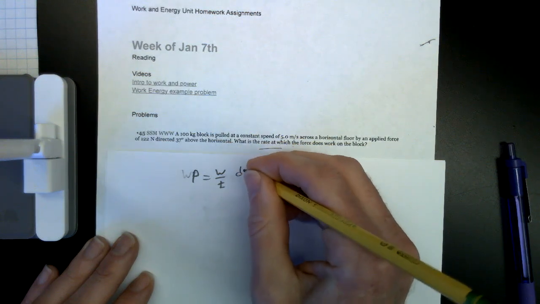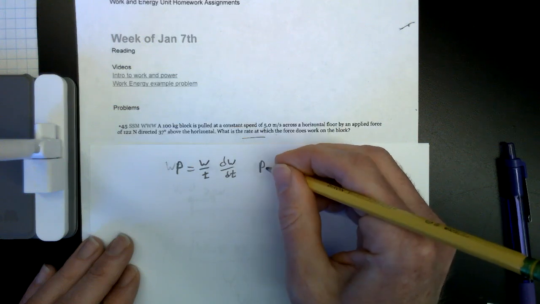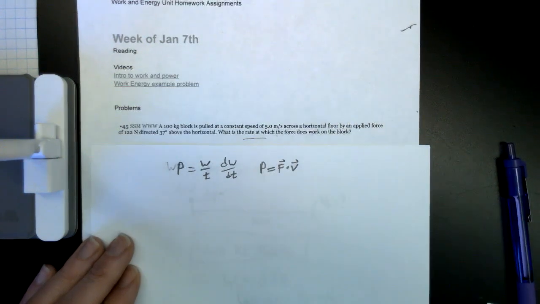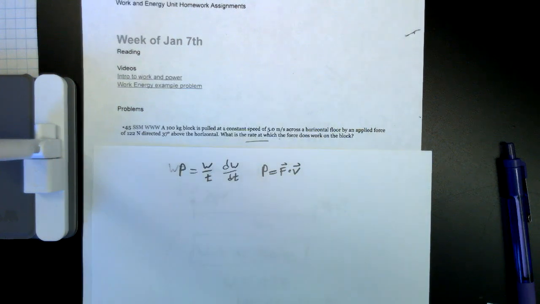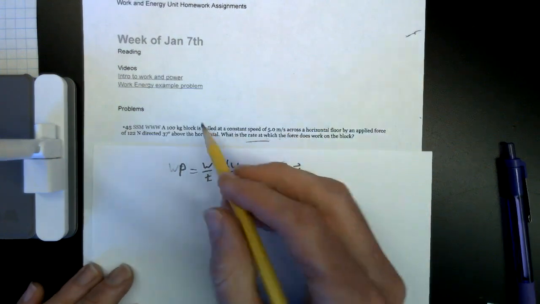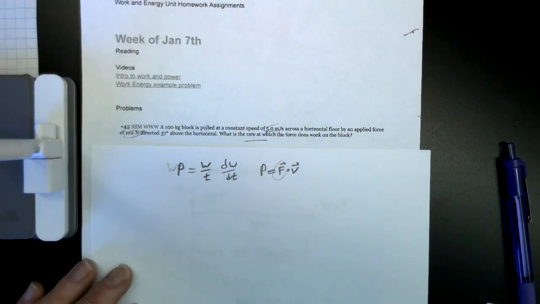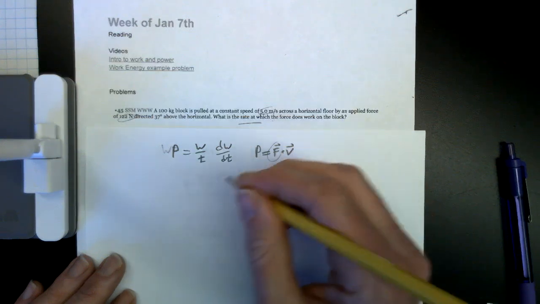Sometimes we have it as dW/dt if it's varying. But the other formula we have for power is F dot V. I think that one is the best one for this problem because we've got a force right here, and we've got a speed right here, and we don't even really need the mass. So the only thing we have to deal with is the fact that this is a dot product.